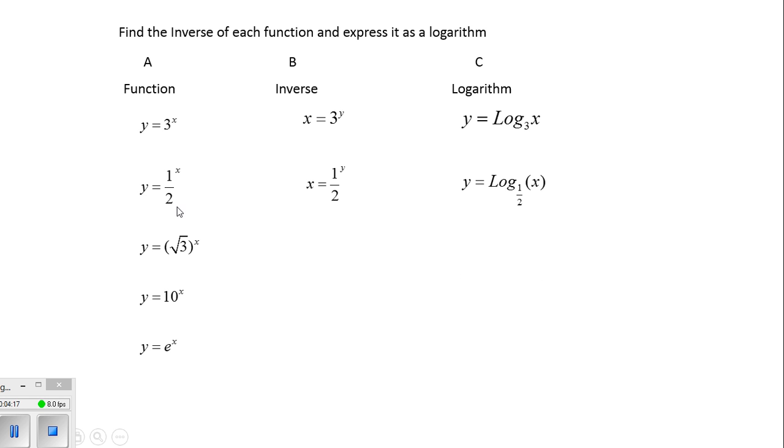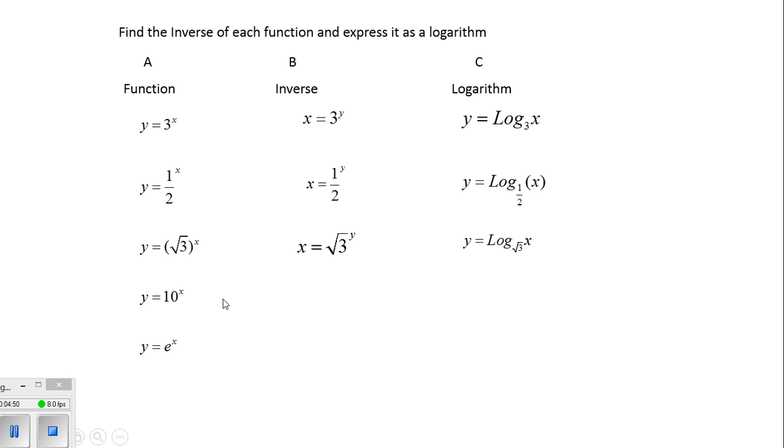The next expression, y equals 1/2 to the x, its inverse is x equals 1/2 to the y, expressed logarithmically as log base 1/2 of x is y. The next expression, y equals root 3 to the x, its inverse, x equals root 3 to the y, logarithmically expressed, y equals log base root 3 of x.